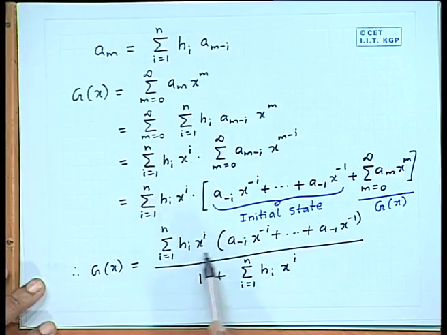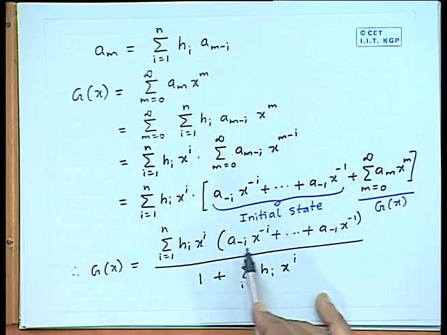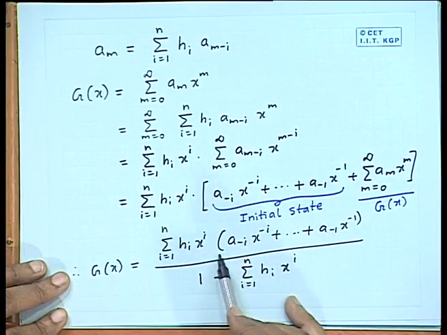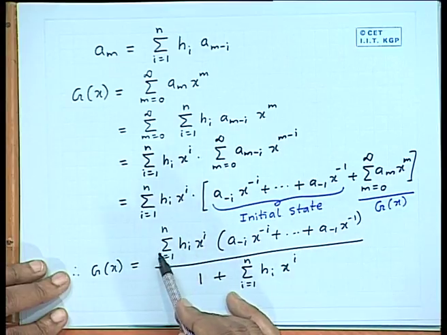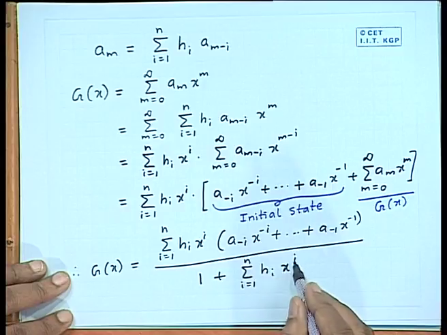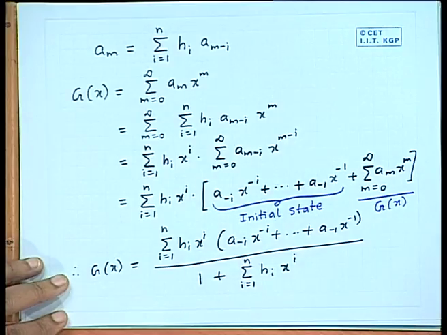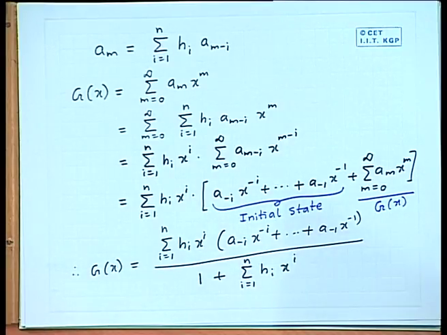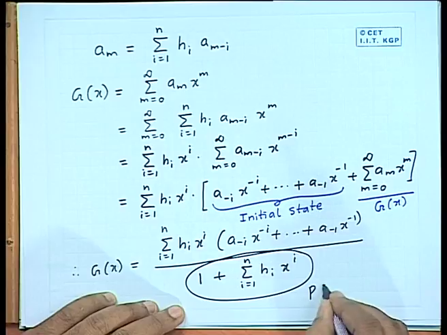If you look at the numerator, there is a part which is the initial state of the LFSR, and of course, we have a term h I x I, but the denominator is a polynomial of degree n. The denominator is typically denoted by p x.